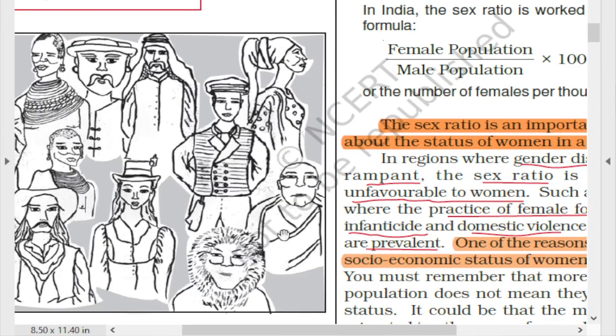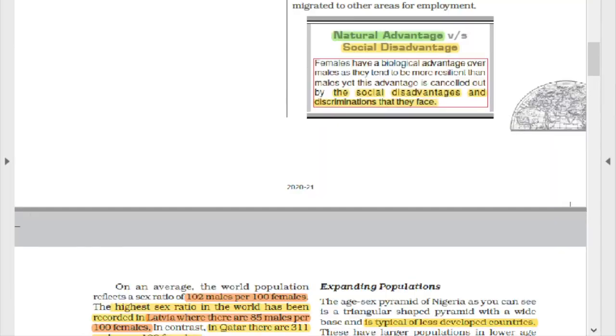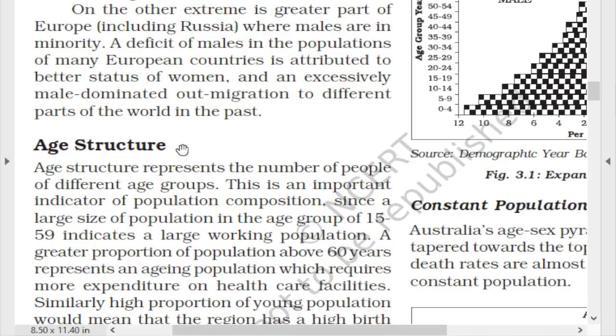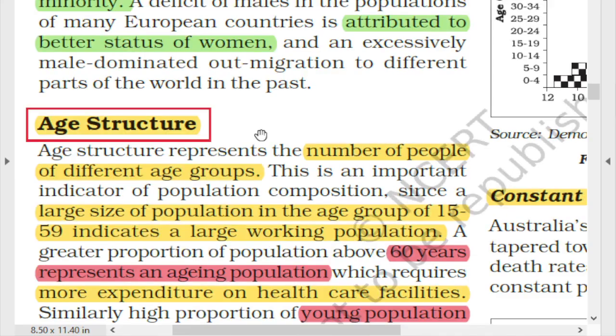Then after that, we studied the age structure of the country or the age structure of the population of a particular region. Age structure means the number of people in the different age groups. It indicates whether the population of the country or region is a young population or an aged population.